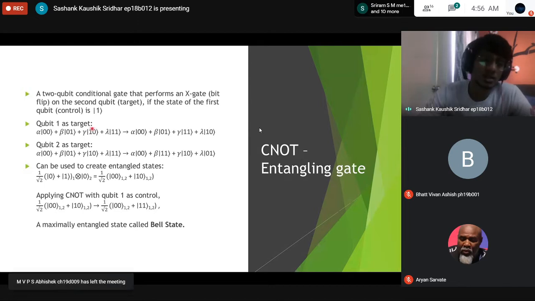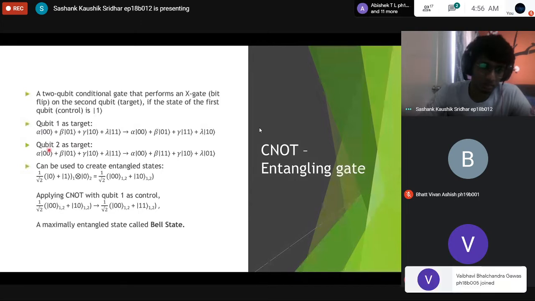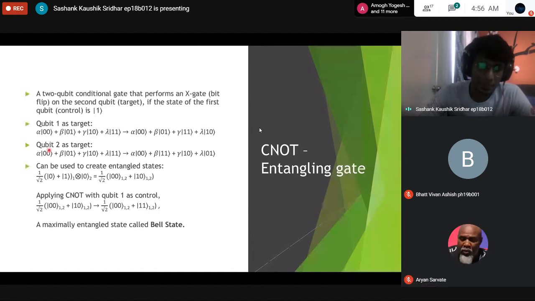Qubit 1 is the one on the left, qubit 2 is the one on the right. If qubit 2 is the control, which is the right qubit, it looks at whether this is a 0, and then it flips beta and lambda instead, since the control qubit here is the one on the right.